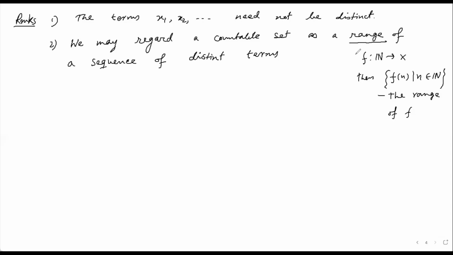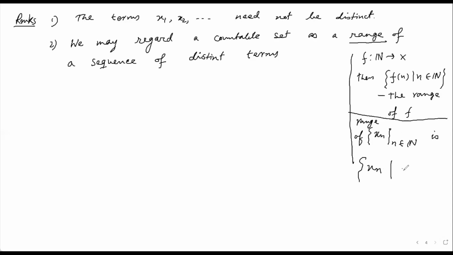Or if you denote this sequence by xn, n belongs to the set of all naturals, the range of this sequence is the set xn such that n belongs to the set of all naturals. So this is called range.